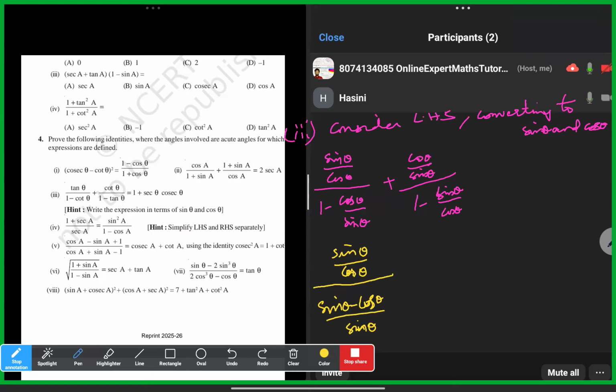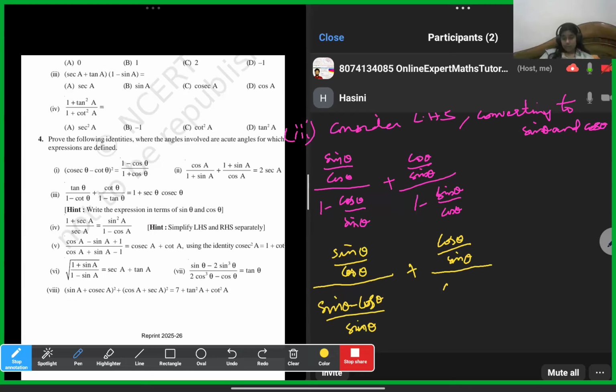Plus, the numerator is cos theta by sin theta, and it will become cos theta by cos theta.